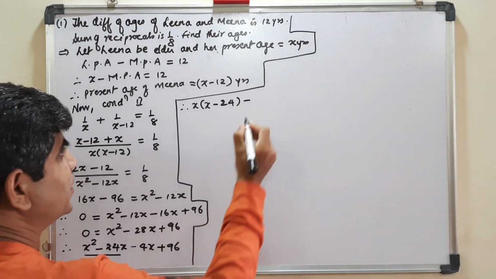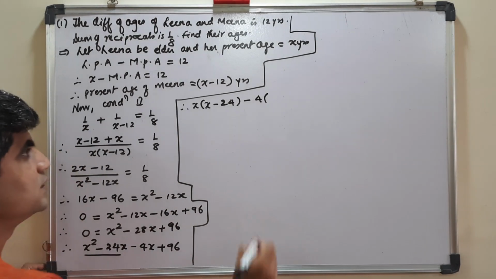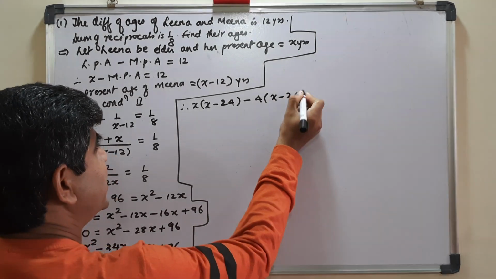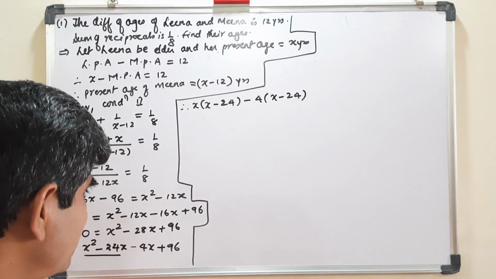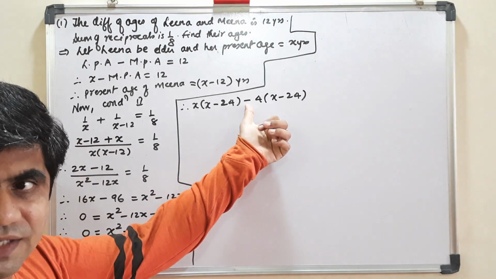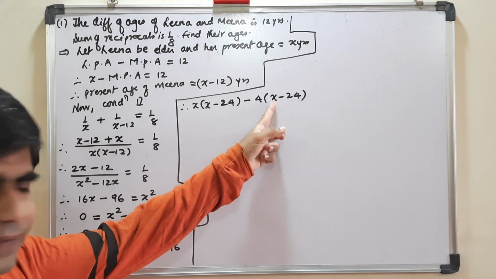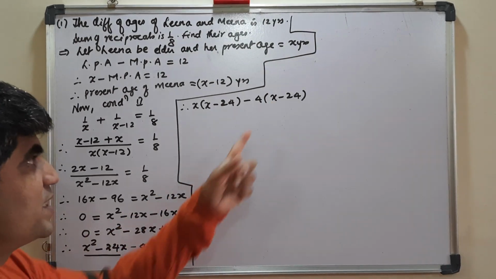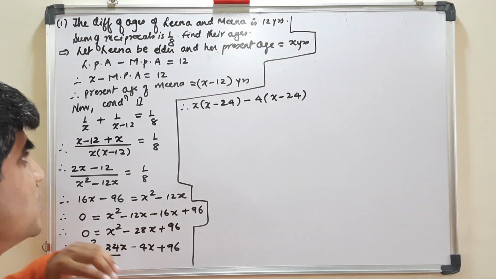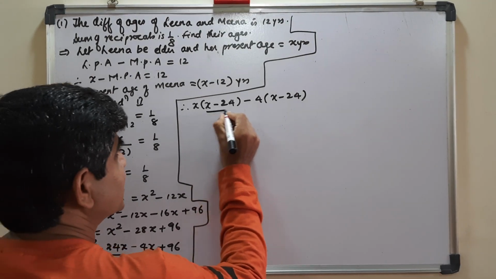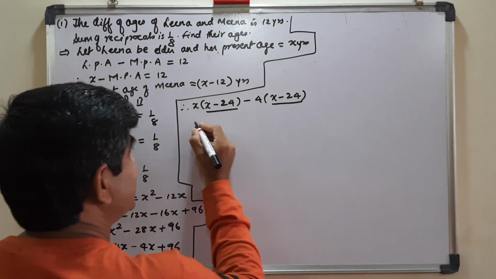Now what is common between them? 4 bracket x minus 24. Why minus 24? Because outside there is a minus sign. If the minus sign is there, this minus 4x became plus 4x, and this plus which is there will change the sign and become minus. Now you see there are two terms, so this will be common.